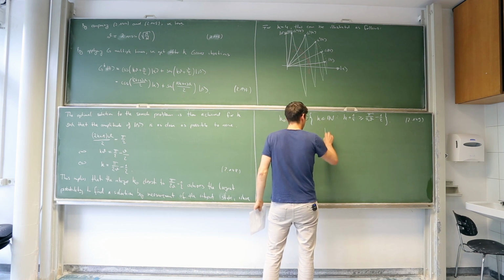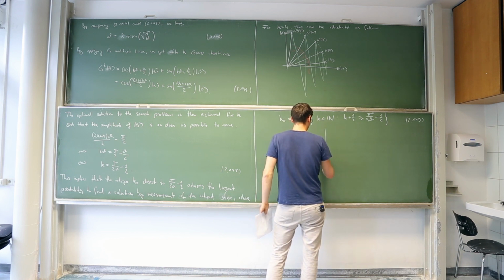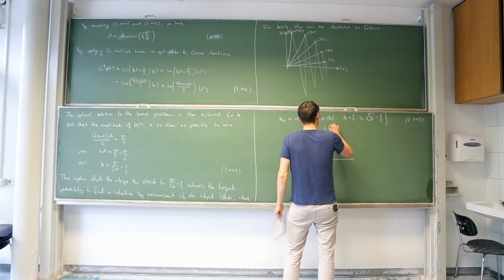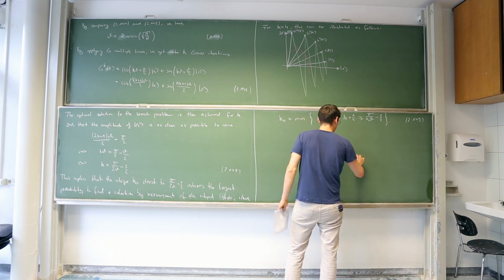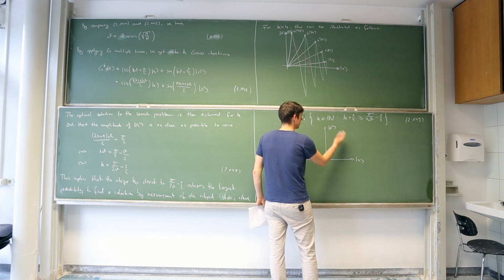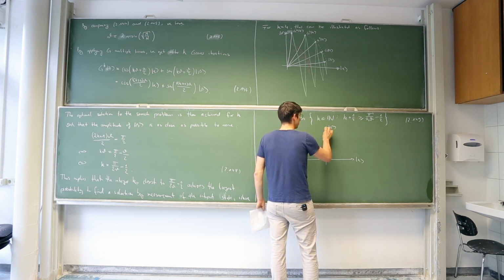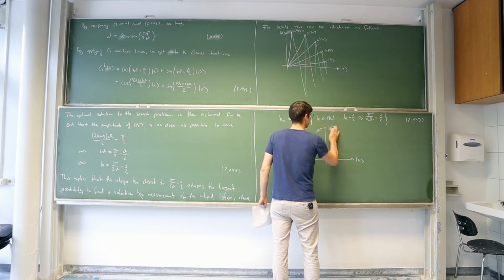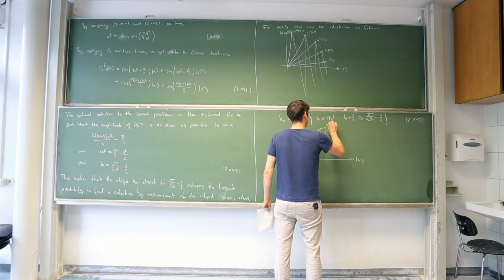So suppose that, let's draw this, go back to this picture here. We have beta and here alpha. And suppose that we do some rotation, and at some point up there.